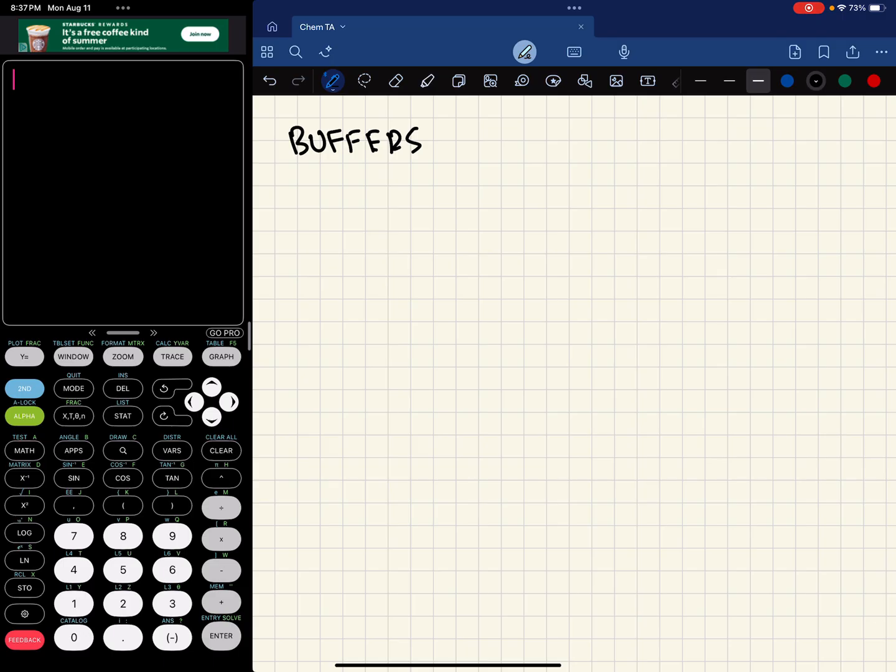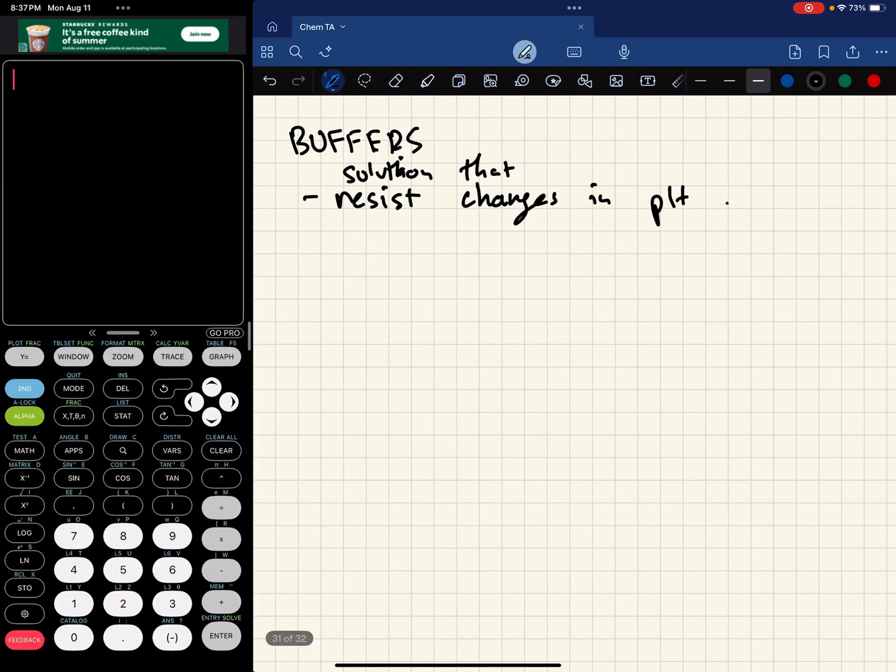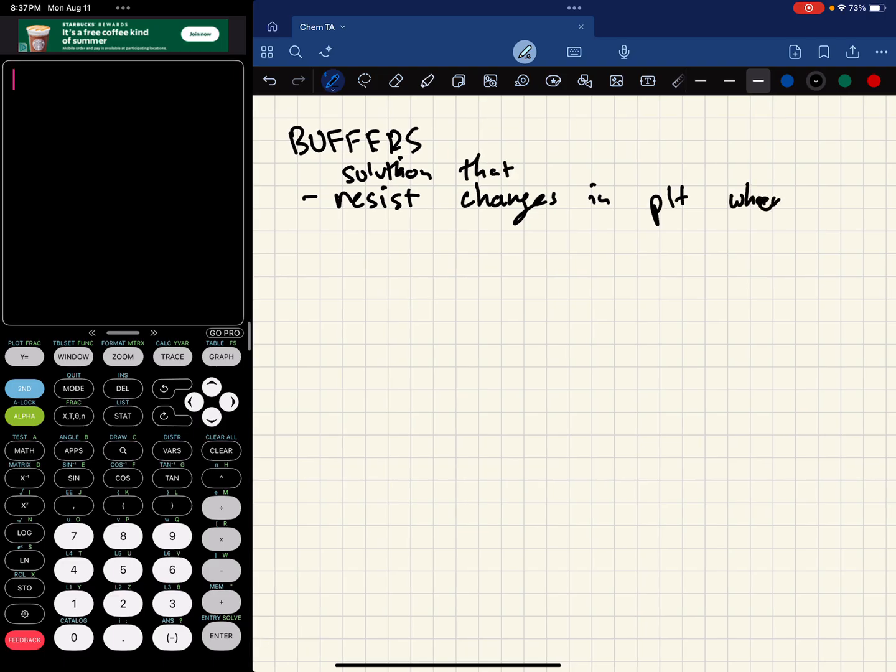What a buffer is, it's a solution that resists changes in pH when acids or bases are added.